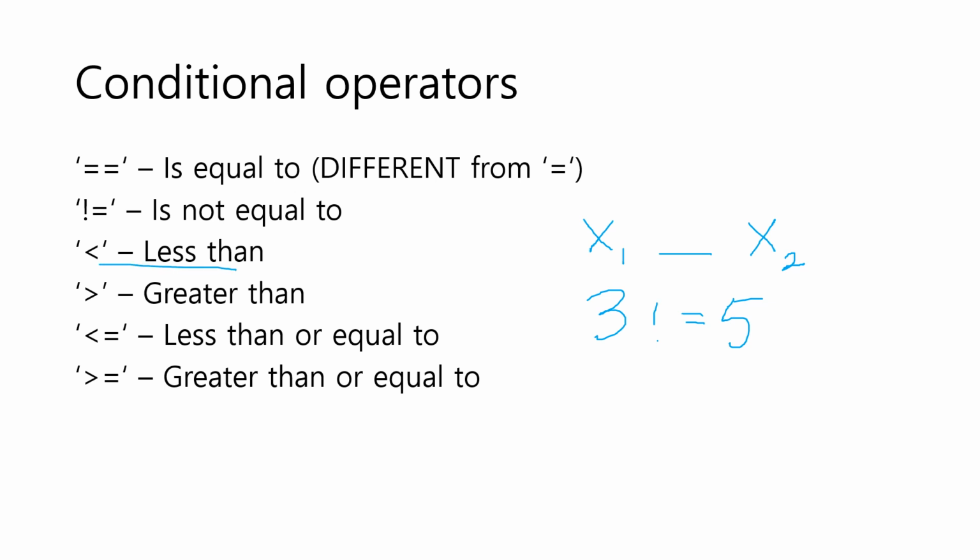Less than, greater than, less than or equal to, and greater than or equal to are all things that also compare two values to each other and give you the true or false value depending on the situation.